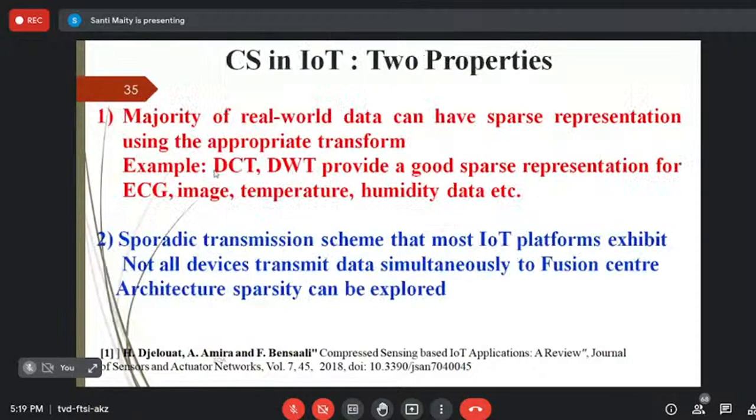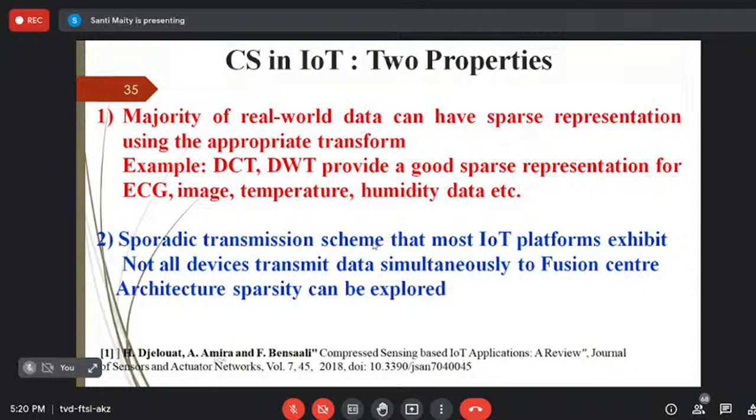So there are two issues that suggest compressive sensing can be made use of in IoT design. One is, as I already said, the DCT, DWT kind of representation space. The second is the sporadic transmission scheme that most IoT platforms have, which means not all devices transmit simultaneously to the fusion center.